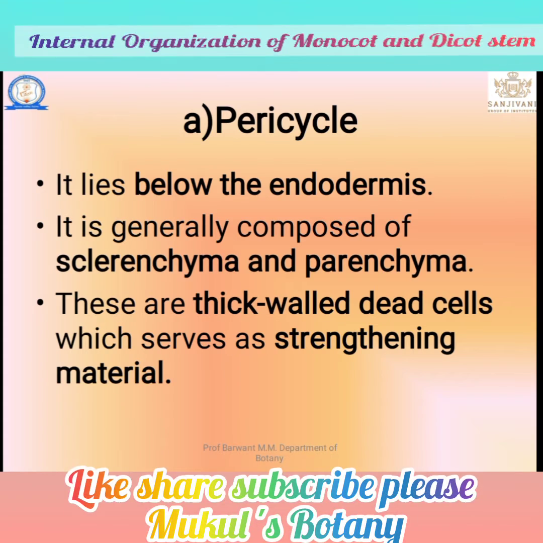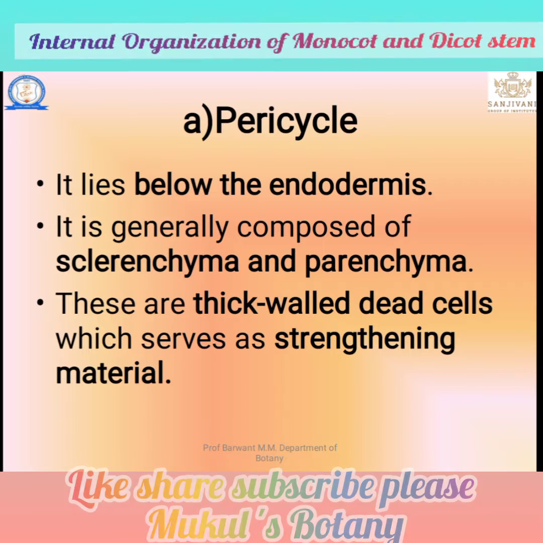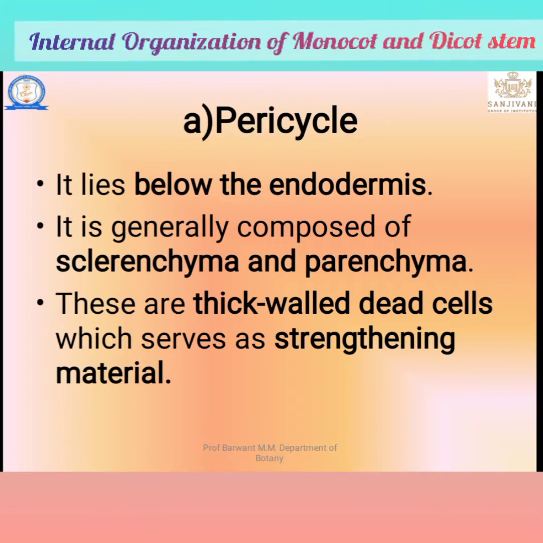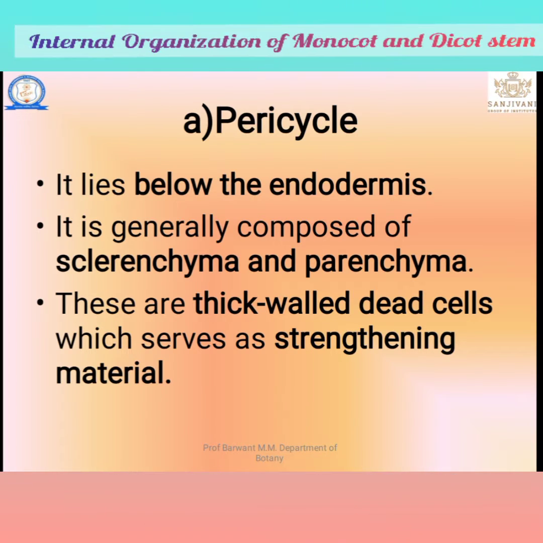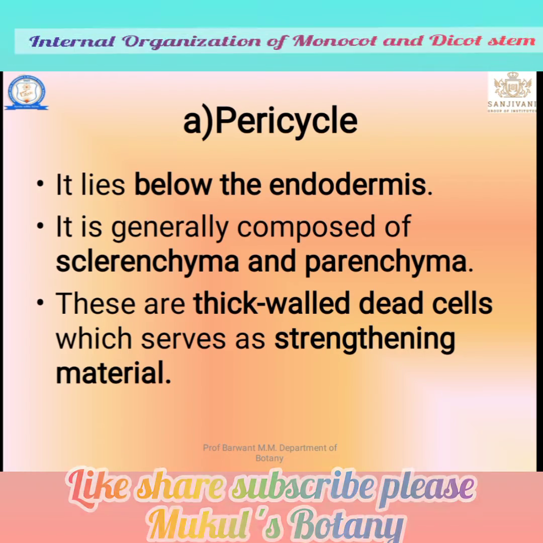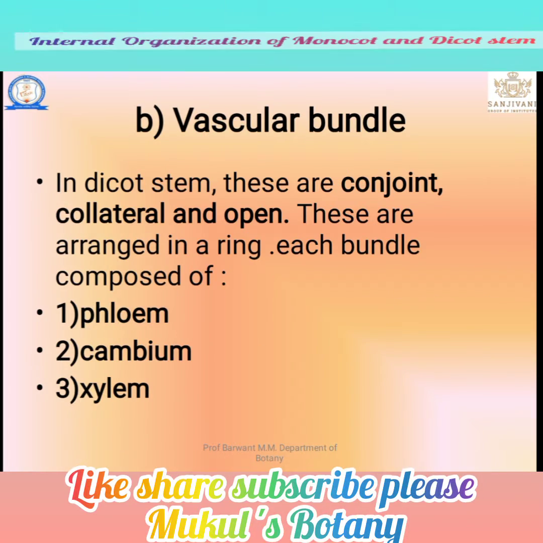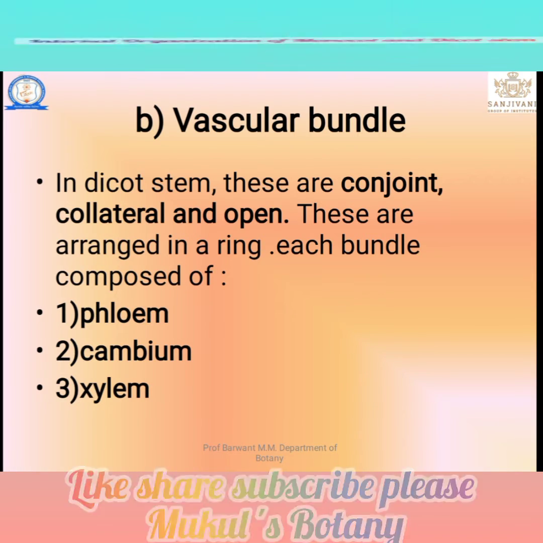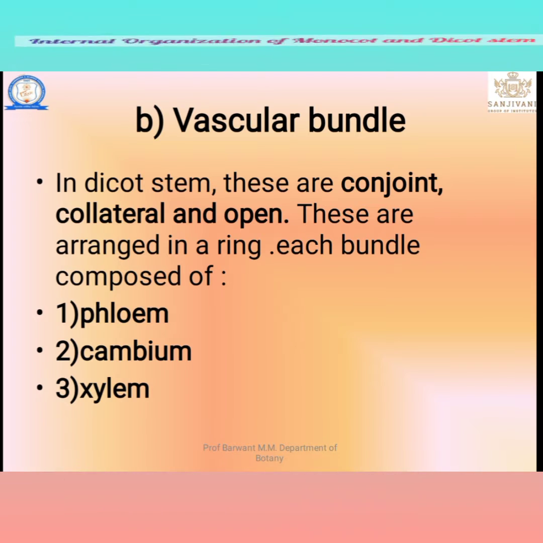It is below the endodermis. It is made generally of parenchyma and sclerenchyma, due to which the sclerenchyma gives strength and support to the vascular bundle or conducting tissue. Next, the vascular bundle. The vascular bundle in a dicot stem is conjoint, collateral, and open type.